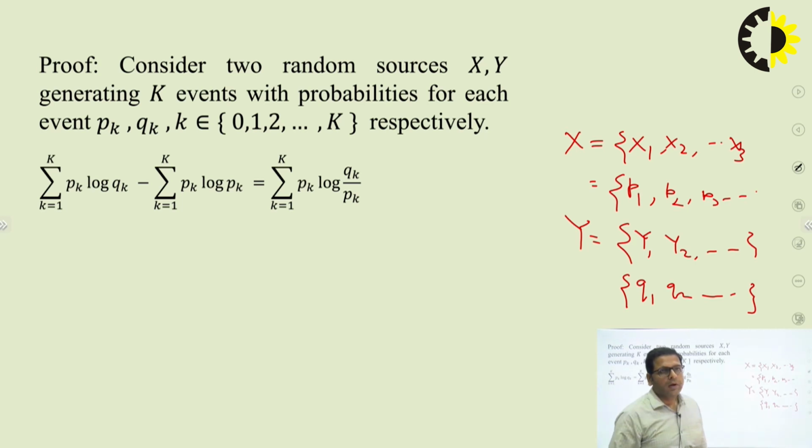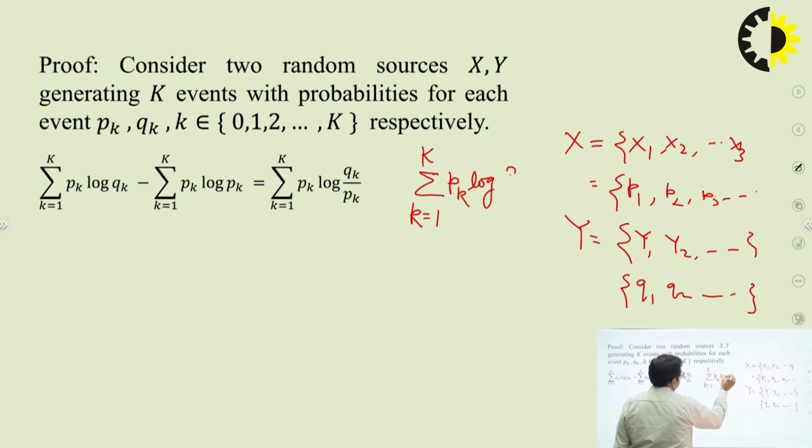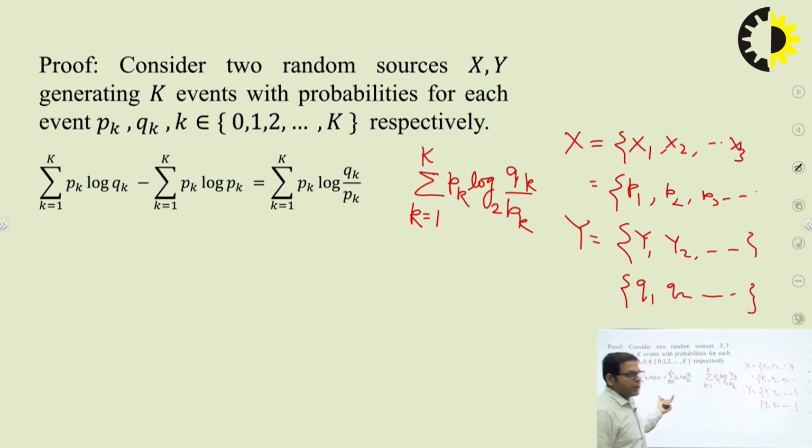In this condition, we can write the summation over k, where k varies from 1 to capital K, of Pk log Qk by Pk at base 2. Now, using the log identity, we can decompose this expression into two parts, Pk log Qk minus Pk log Pk.